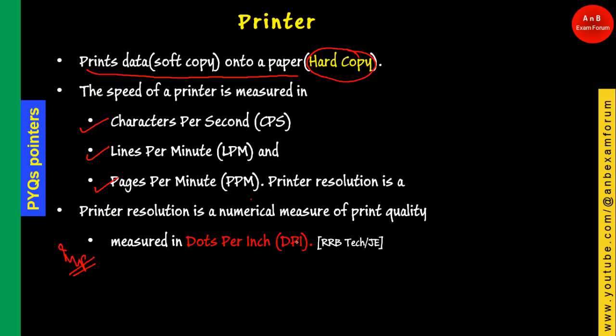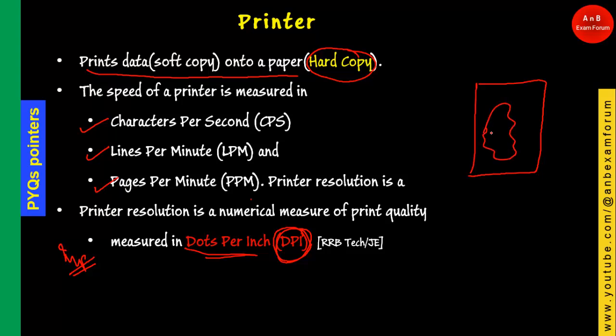And just remember a very important terminology, it is DPI. What is DPI? Dots per inch. Whenever you are printing any paper, the print is measured with the help of DPI. So how many dots are per inch? For example, this is your paper and you have some image over it. In 1 inch, how many dots are there?